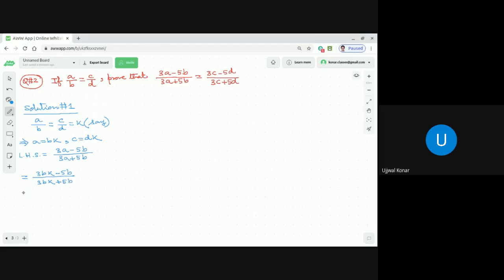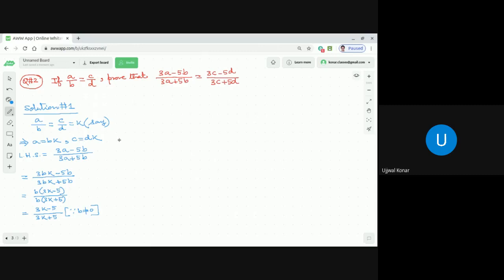We get b times (3k minus 5) divided by b times (3k plus 5). So that is equal to (3k minus 5) divided by (3k plus 5), since b is not equal to 0. So this is what we achieved from the left hand side.